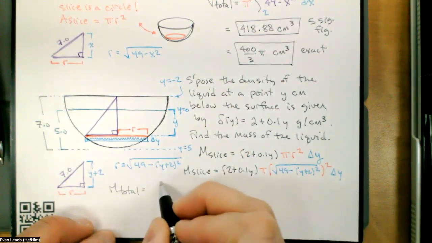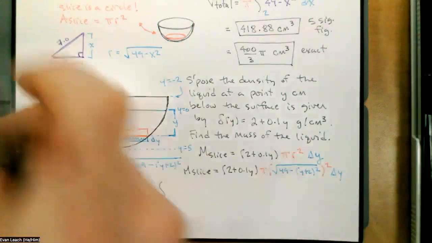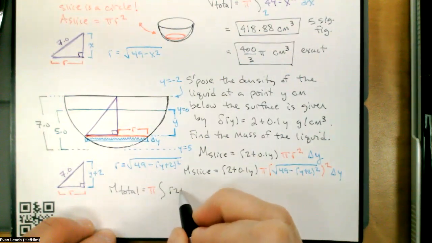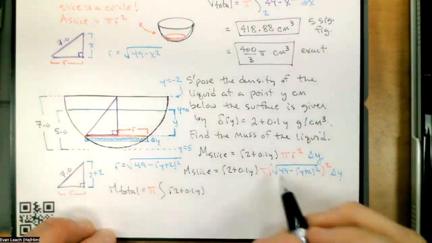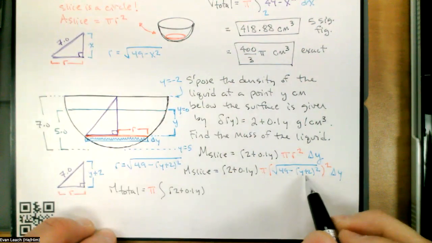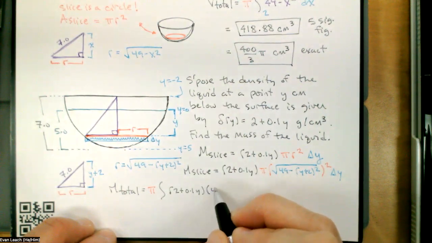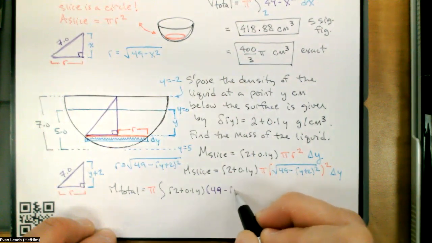We're going to factor out the pi because we like to factor out our constants. We have our density as a function of y, so that can stay. The square root of 49 minus y plus 2 squared will just give us the 49 minus y plus 2.